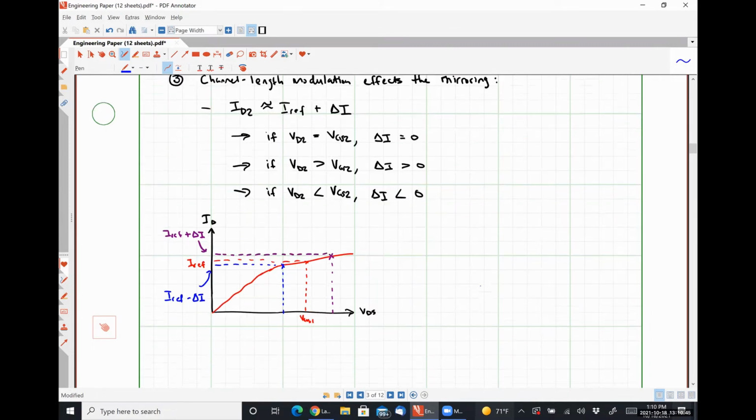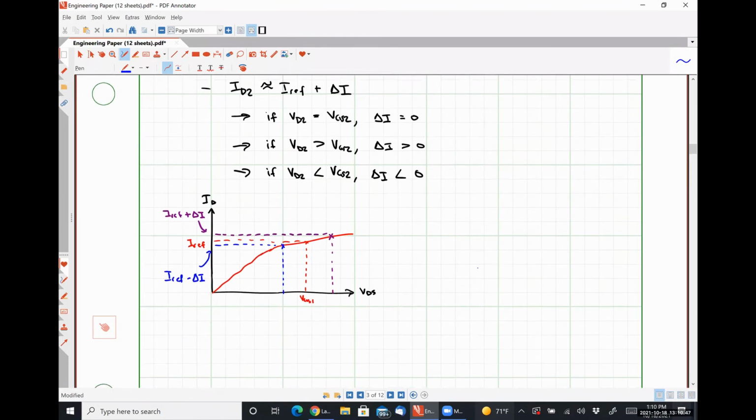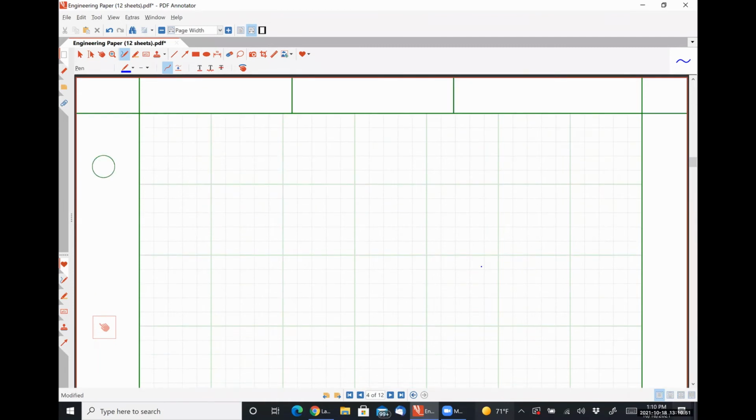So we now have a fairly basic understanding of how these guys operate. So let's talk about a couple of ways in which they can be used. So the most obvious way is that we can make copies of the reference current.